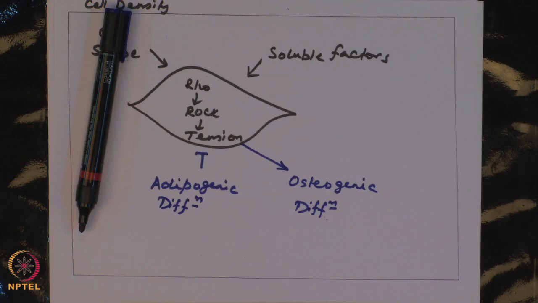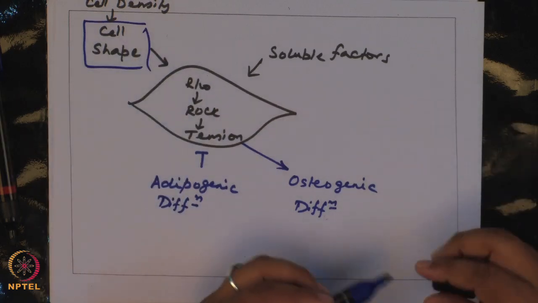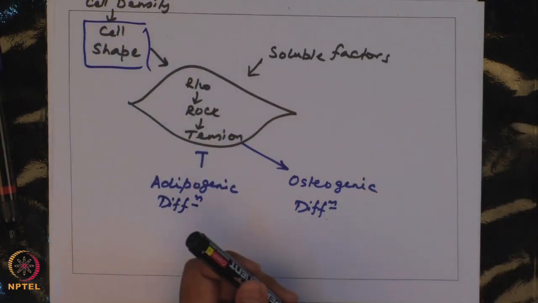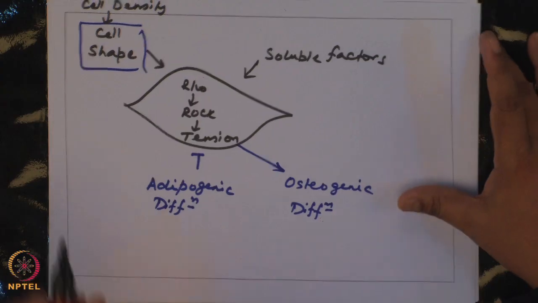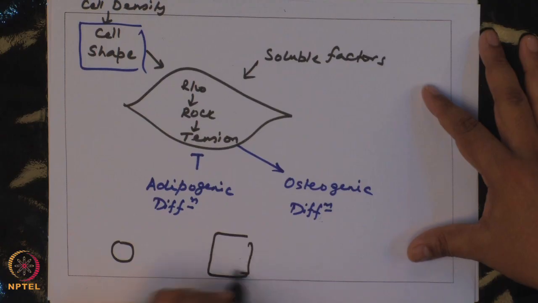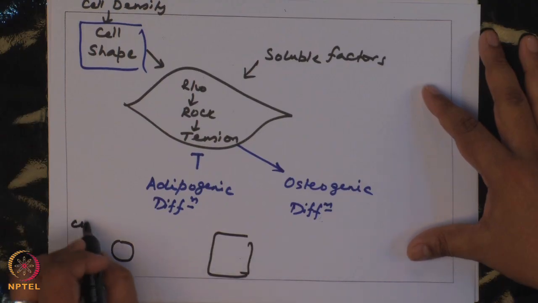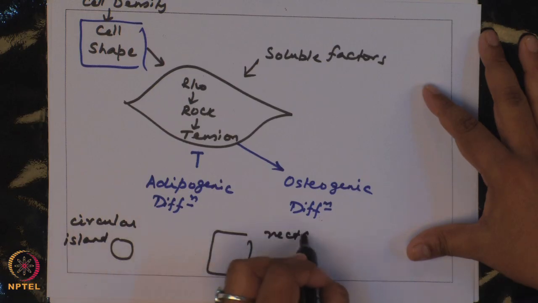So, this study shows how a physical factor like cell shape can regulate the differentiation fate of stem cells. Now, in this study the authors used islands of different shapes and sizes. You had a circular island or rectangular islands.